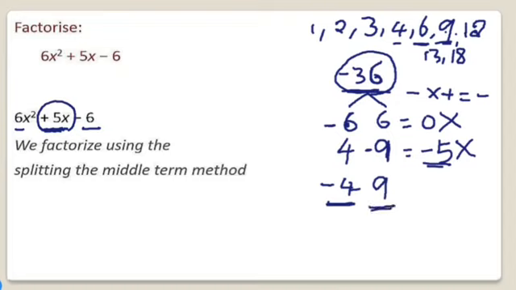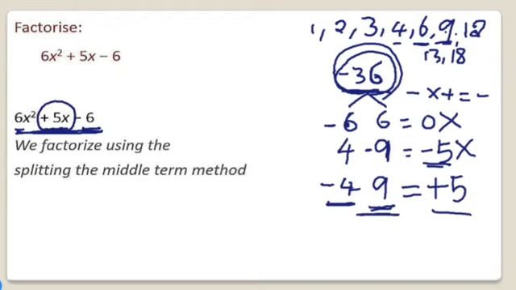If we add these two numbers, we get plus 5. In this way, you find the two terms whose sum is plus 5 and the product is minus 36.